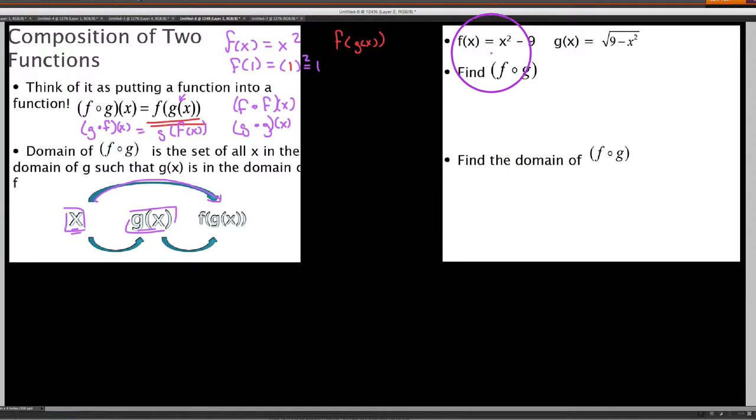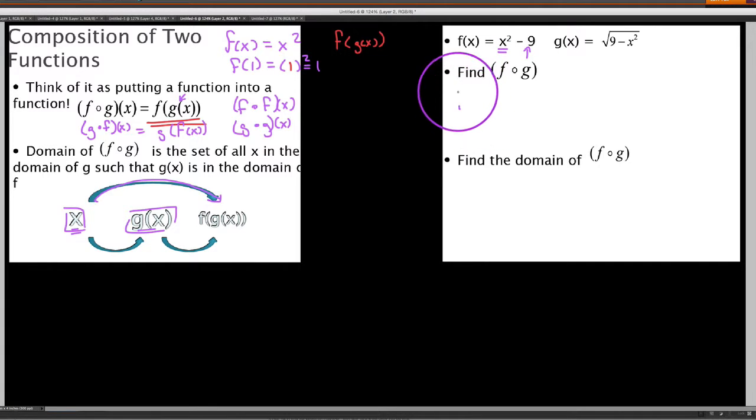But let's do this. Let us go ahead and discuss this composition that we see here. We have f of x equals x squared minus 9. This is just our quadratic parent function, a parabola that's been shifted down 9. And then we have g of x, which is this square root function here, which we'll want to take a look at its graph in order to talk about it. But what I want to do right now is essentially find f of g of x.